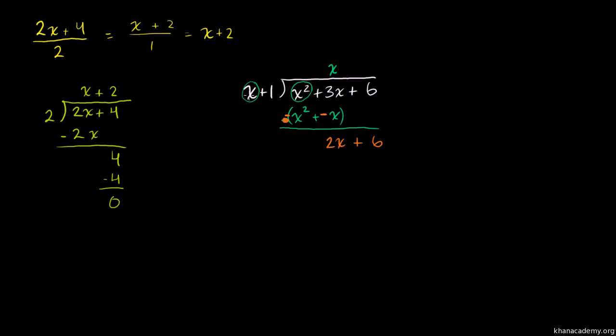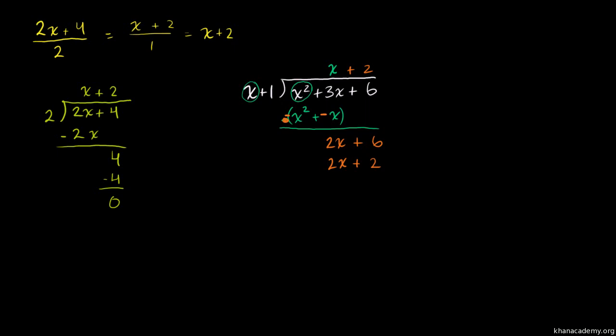Now you look at the highest degree term, an x and a 2x. How many times does x go into 2x? Well, it goes in 2 times. 2 times x is 2x. 2 times 1 is 2. So we get 2 times x plus 1 is 2x plus 2. But we're going to want to subtract this from this up here.